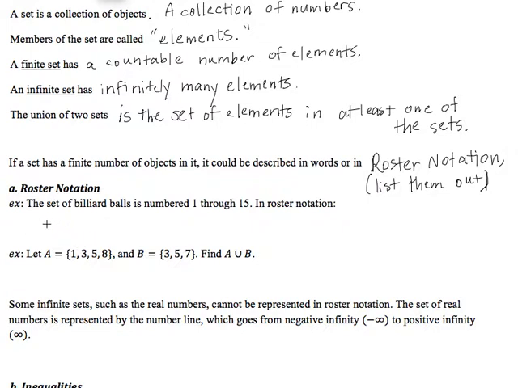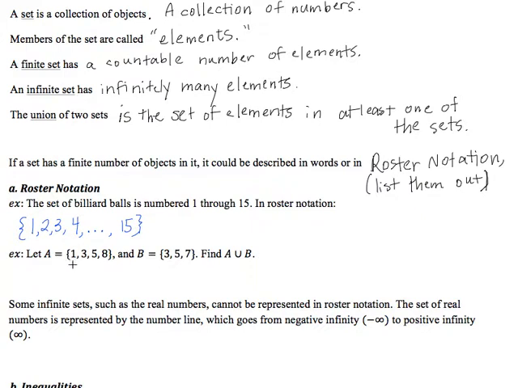So, for example, the set of all billiard balls is numbered 1 through 15. So in roster notation, you always open with the curly brace that indicates that you're referring to a set. So it would be the set of elements 1, 2, 3, 4, and you can write them all out, or you can just put a little ... once the pattern is established, onto the last one.